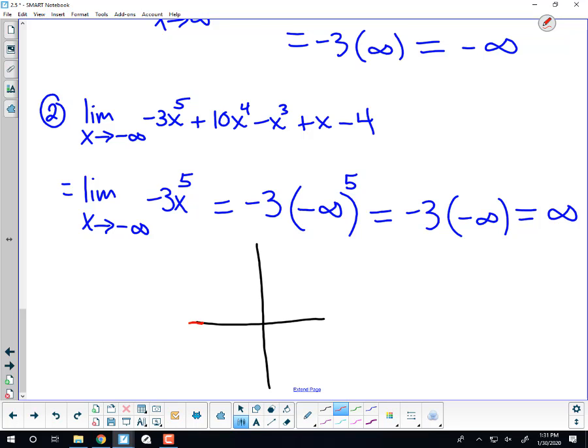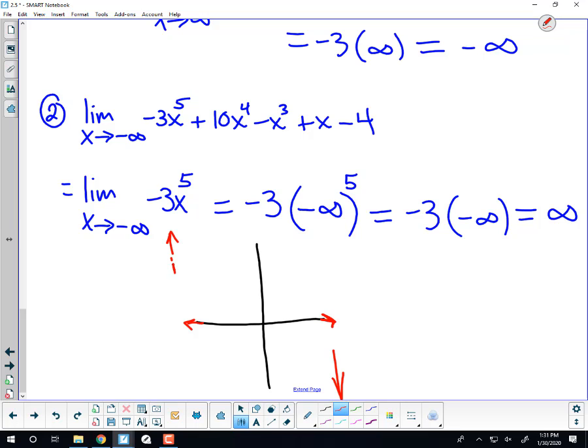So as x is way out here, the function's way up here. The other one, as x approaches positive infinity, the function approaches negative infinity. So as x is way out here, our function is way down here. And that validates the end behavior from the leading term, right?